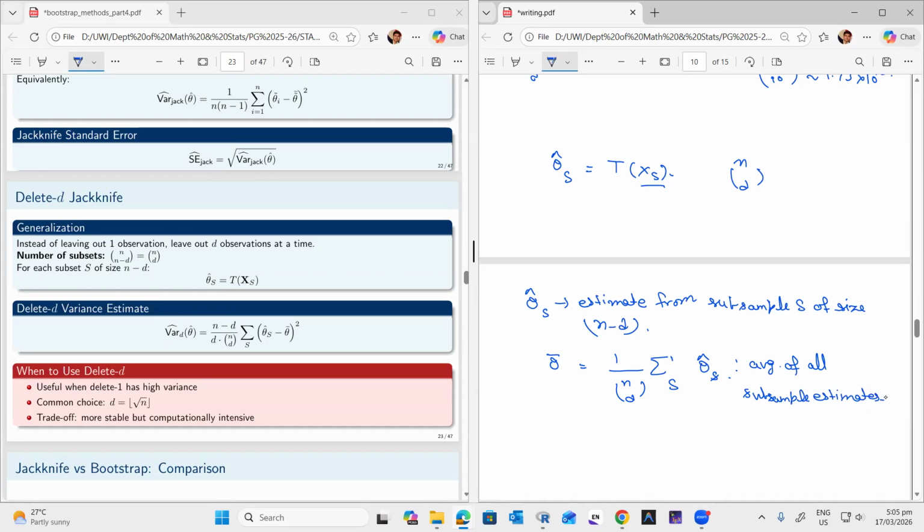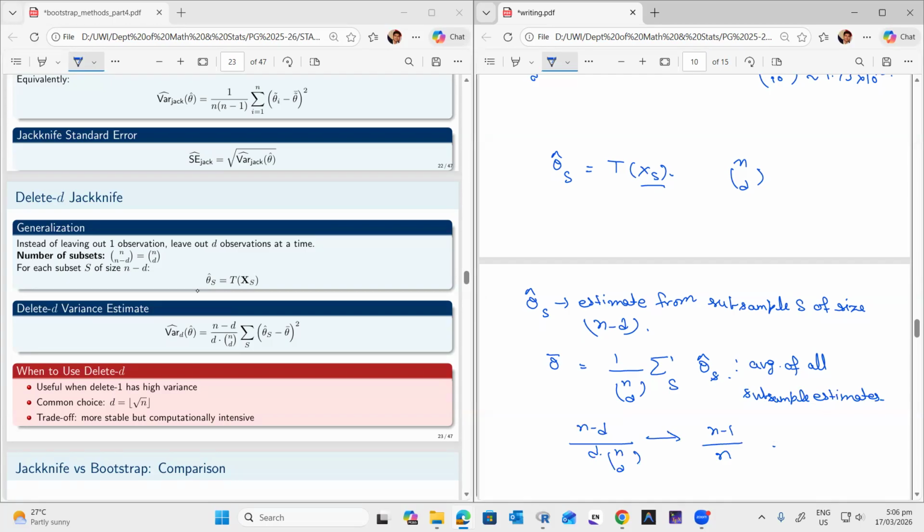So that is your delete-d variance estimate. The squared deviation measures the spread of the subsample estimates, and the scaling factor is n minus d divided by d times nCd. It is replacing n minus 1 upon n here.